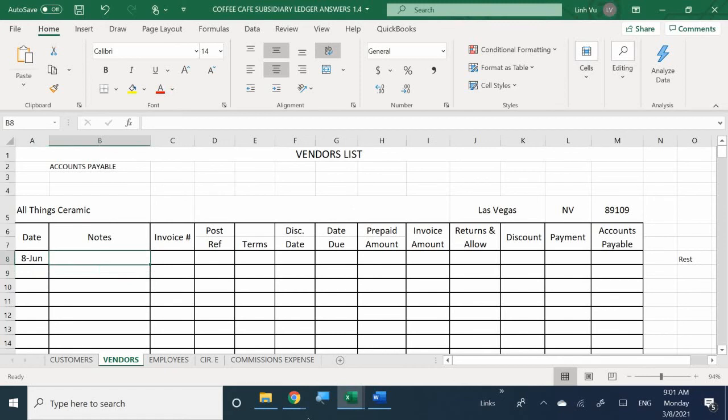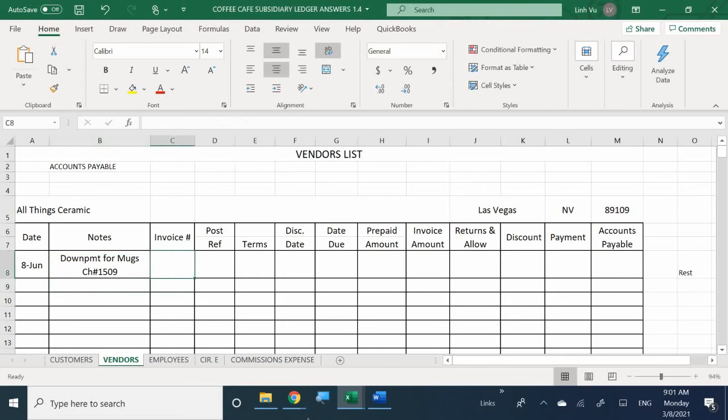In the notes, you could put down payment for mugs, check number 1509. Invoice number is going to be your PO number 170305. For other information, post reference is going to be general journal number 3.